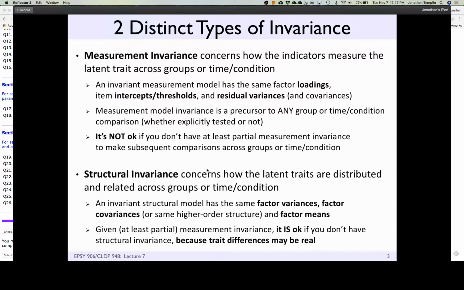If I just kept the whole measurement model the same between the two groups and just tested the factor, that group difference on the factor may have been caused by group differences on the items, not the factor itself. So the result could be a confound. You have to be able to disentangle differences on the factor that are truly there from differences on some of the items that might show up as well. So that's why it's so important.